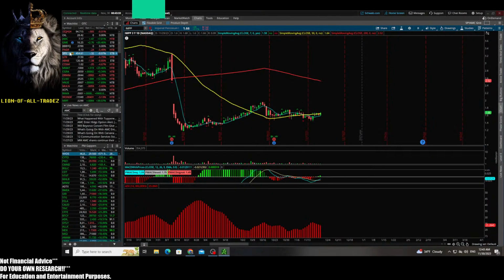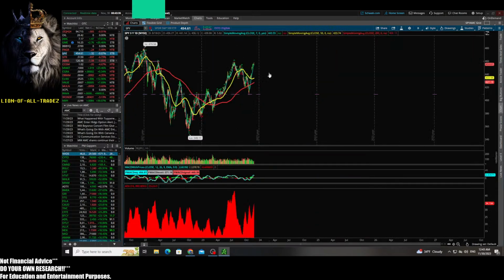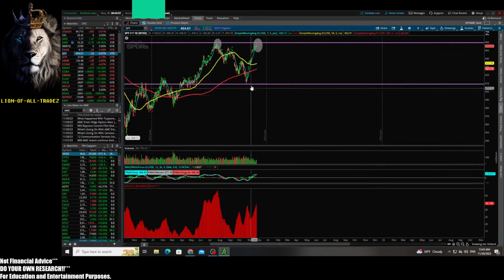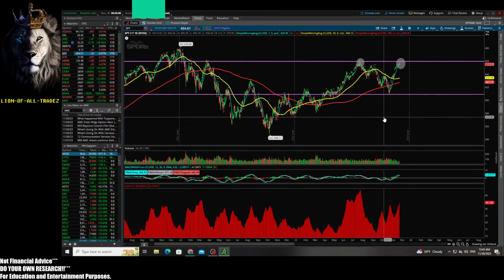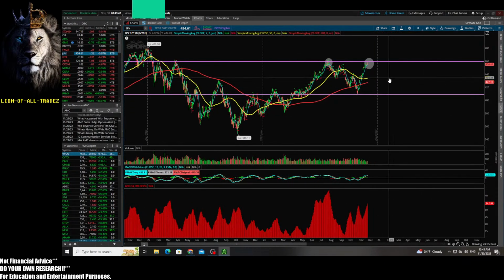You got the SPY, and my thing is SPY. This one's a little tricky, because the ADX on a daily chart looks like it's still picking up in strength.